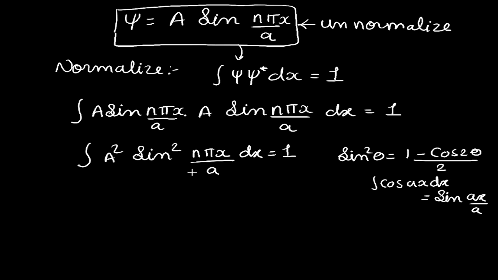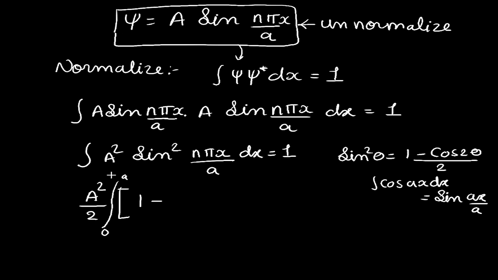So by using both these formulas we can solve this expression, and a over here is constant, so a square by 2 I am taking it out, so 2 into integration of 1 minus cos, and the limit of integration will be between 0 to a.